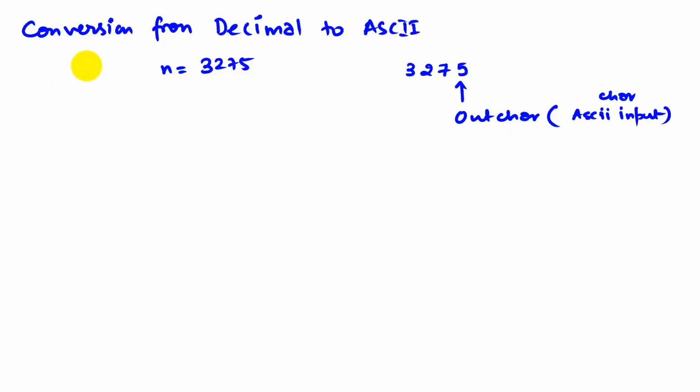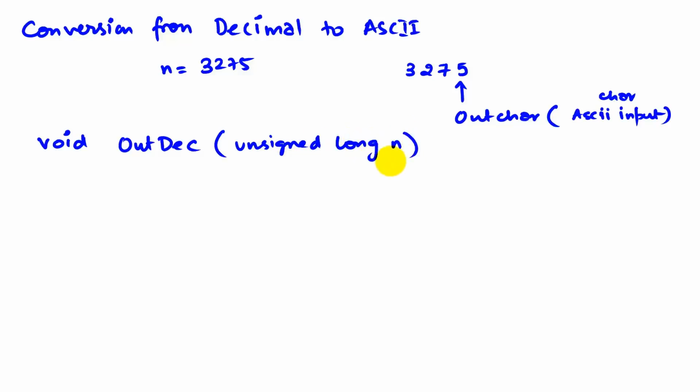So here's outDec, which is recursive in nature. So it doesn't return anything because all we're doing here is printing it out to the screen. So it takes an unsigned long as our input n, and we're going to go through the motions of printing it out.